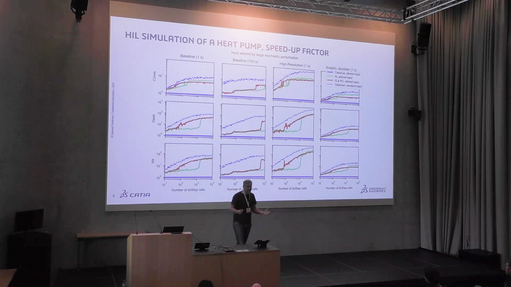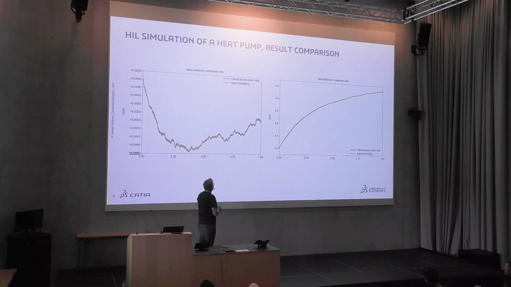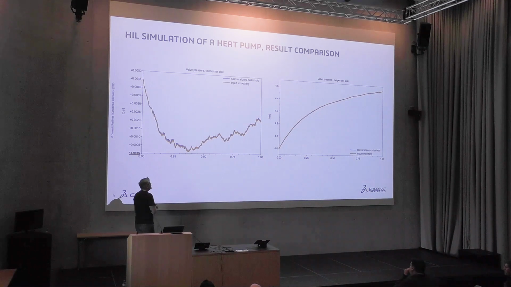So this is the case where all of these knees in the inputs really are bad for the integrator, so helping it makes a huge difference. And we also have some results to show that the result changes a bit, which is natural because we do the delays, but it generally follows the same curve.